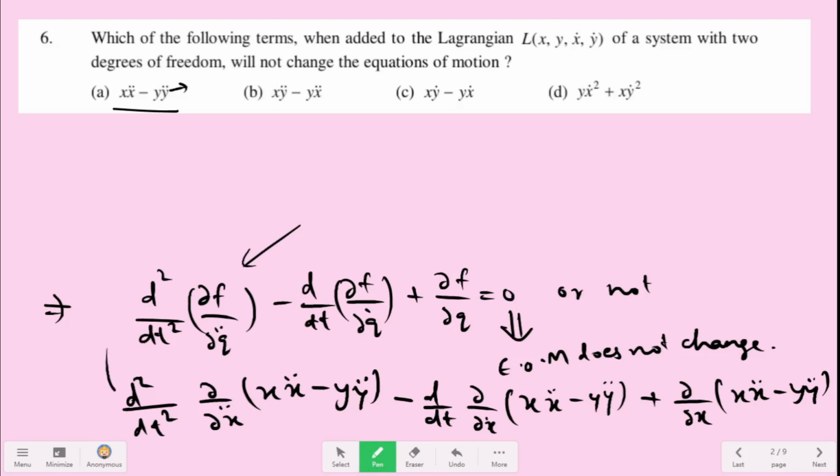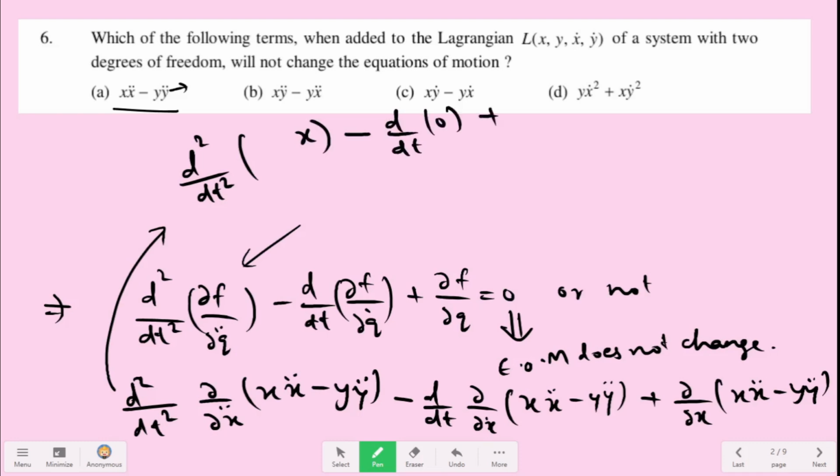So from here we have d square upon dt square of x, minus d by dt of 0, plus x double dot, which is equal to x double dot plus x double dot, which is equal to 2x double dot.